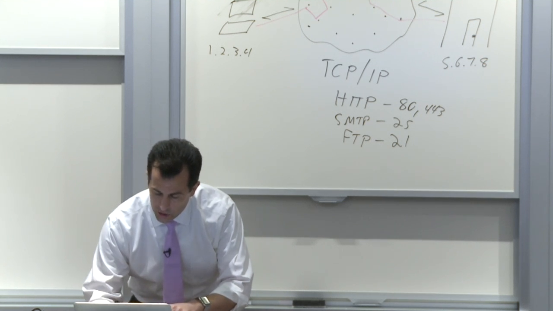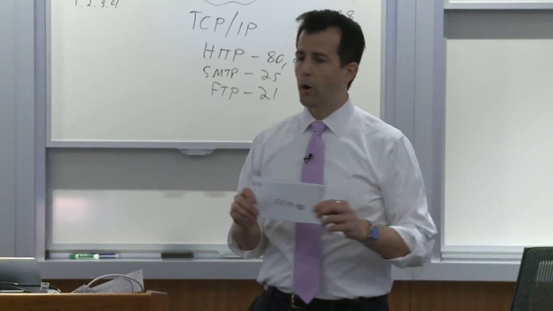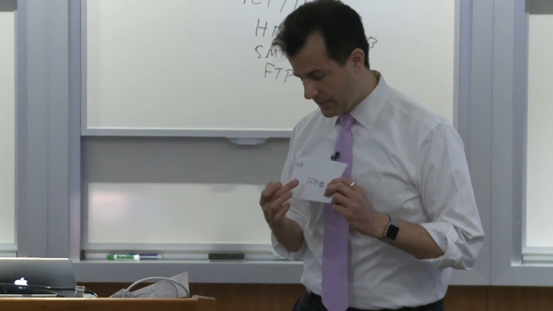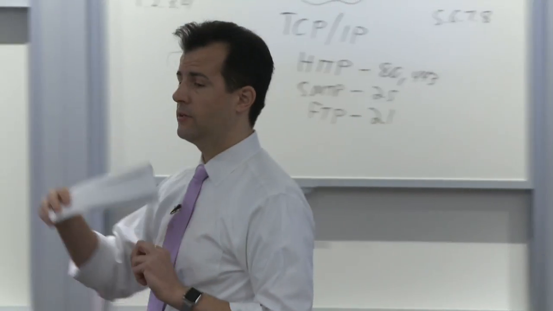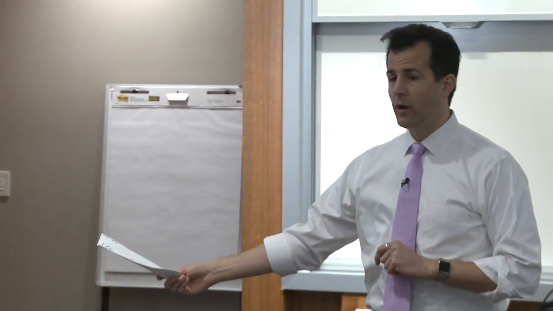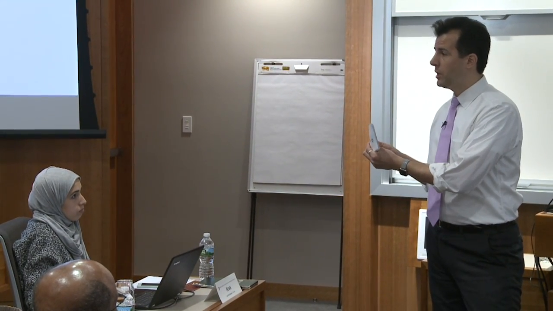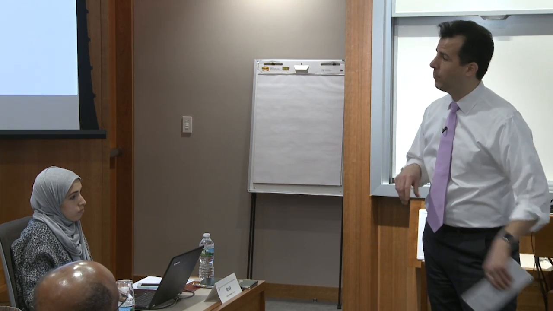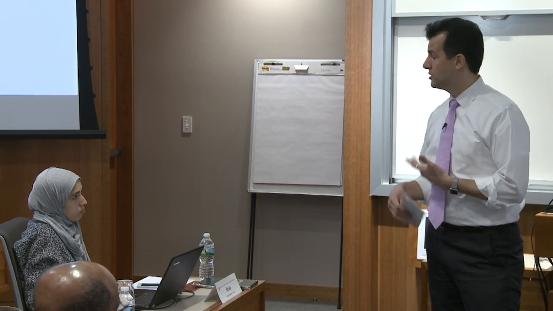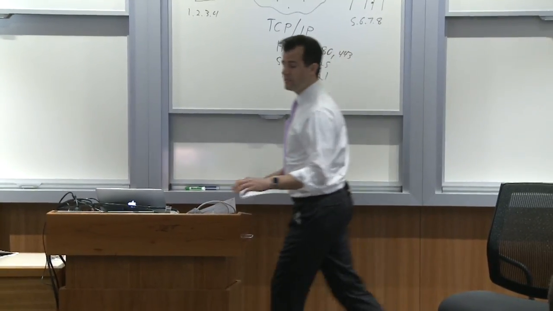I'm going to add a colon 80 to the end of the address just to capture the fact that this is destined for 5.6.7.8, port 80. So now when I hand it to Arwa, assuming she is running an email server, a web server, an instant message server, she now knows upon seeing the number 80, oh, this should go into this bucket, or this mailbox, or this should be handed off to this service that's running on her particular server.